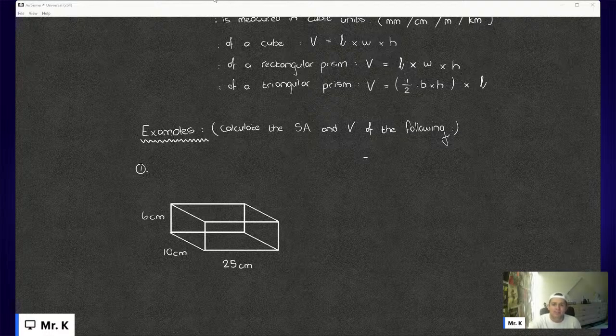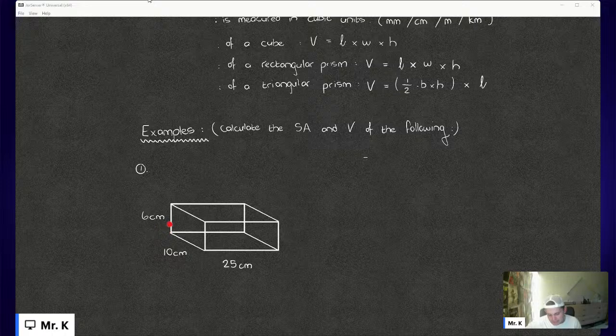Understanding your properties of triangles, of your basic 2D shapes, you should be able to tell yourself, if this side of my rectangle is 6 centimeters, all of the other individual heights are going to be 6 centimeters, and so on and so forth.